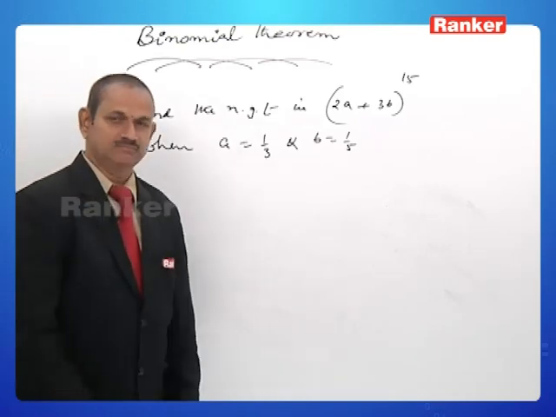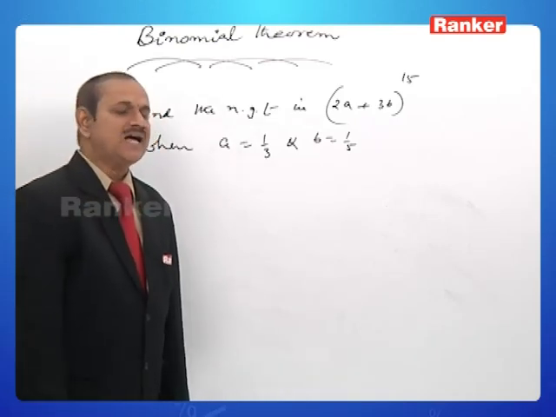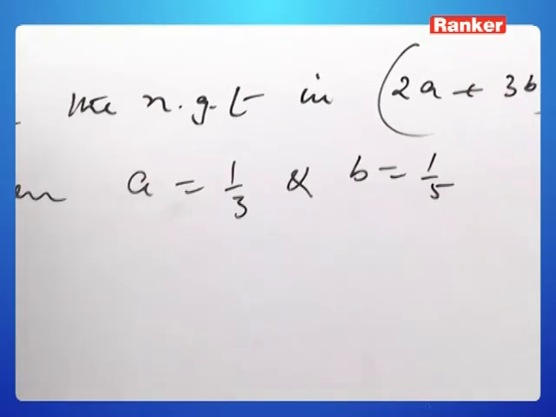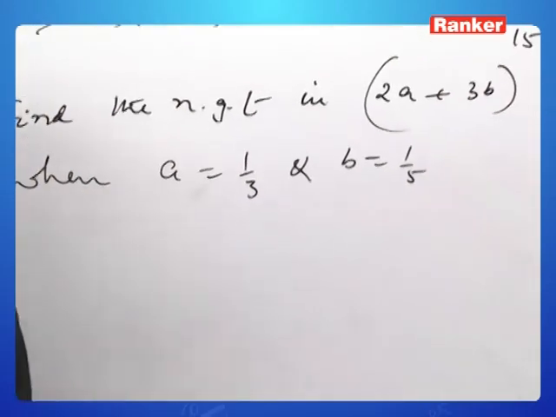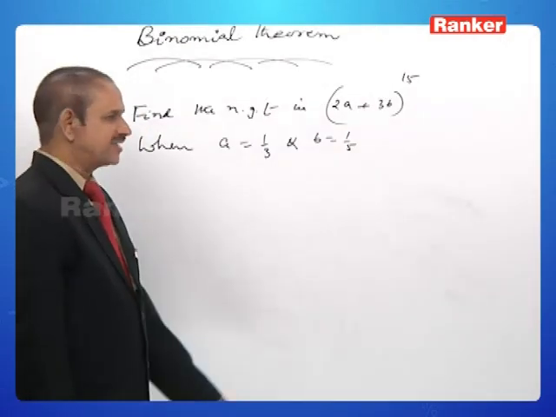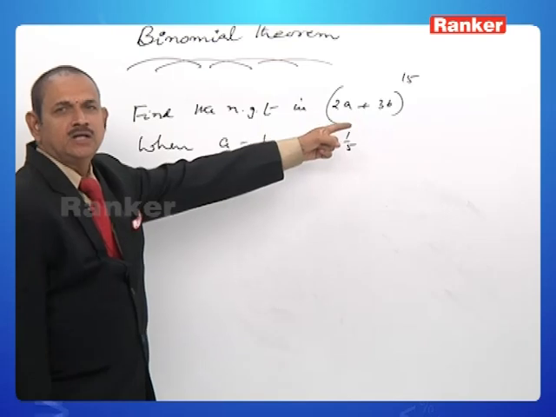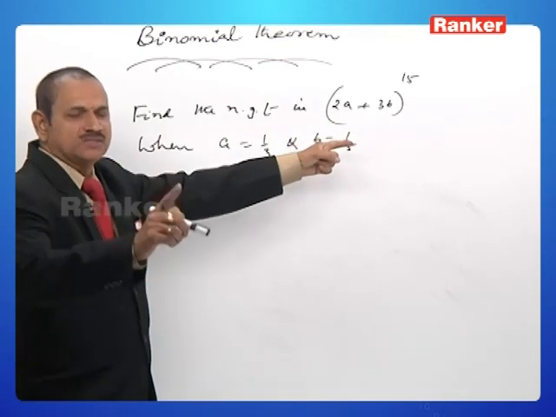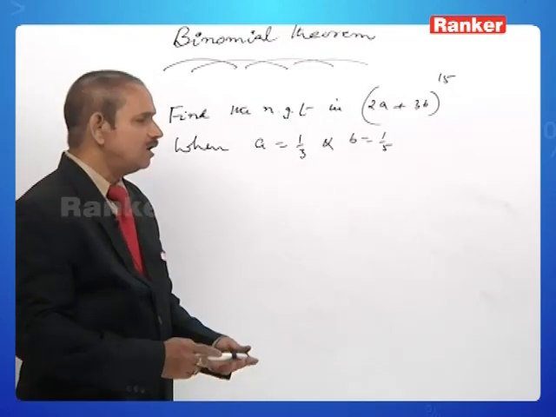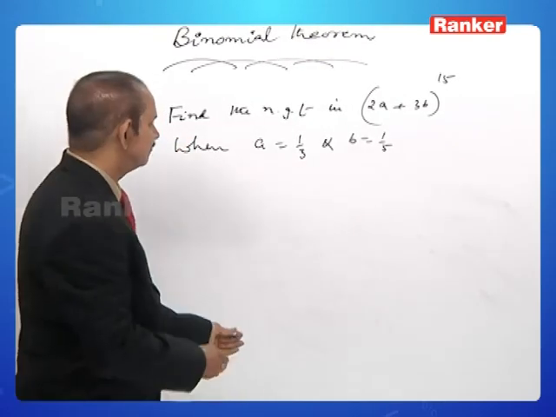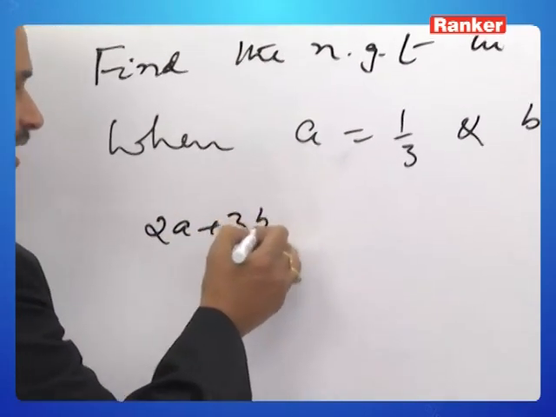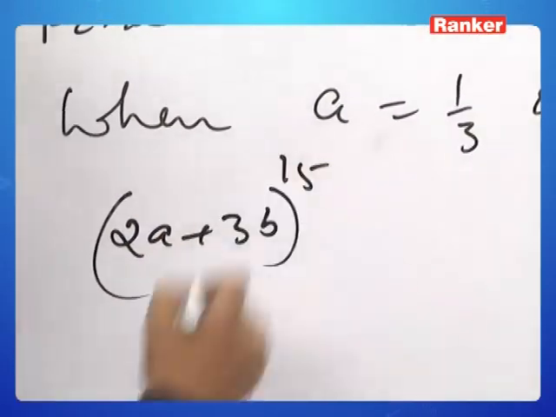How to proceed? As we could explain for ourselves in the previous problem, the very first step which is needed is you may have to get the expansion given in the form of (1 plus x) whole to the power of n. That's all, or (1 minus x) whole to the power of n. Let us first do that. Given expansion is (2a plus 3b) whole to the power of 15.